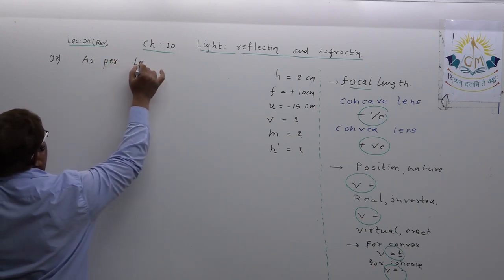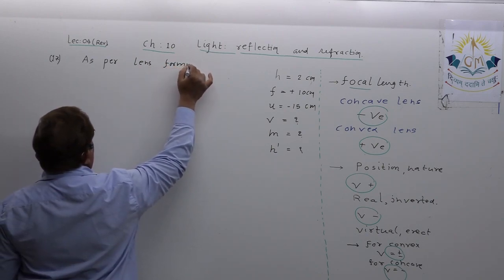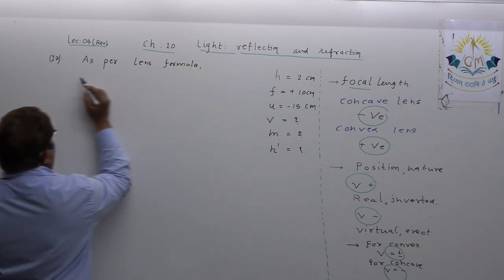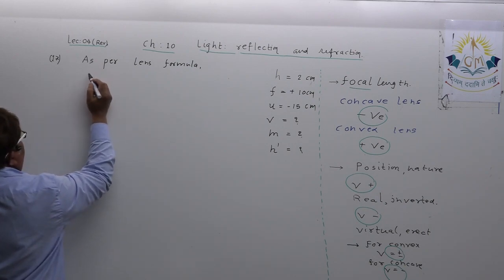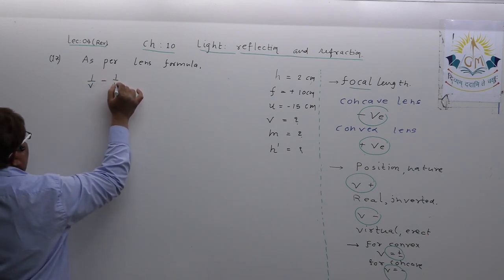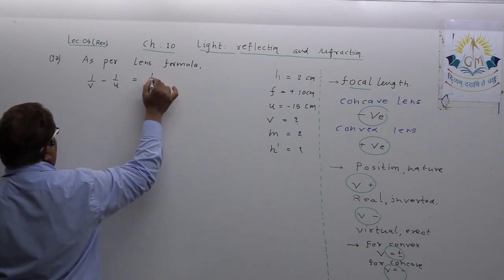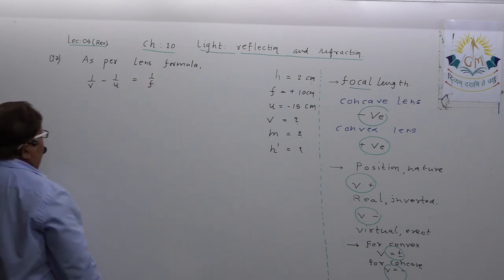As per lens formula, I have to mention the lens formula here. 1 upon v minus 1 upon u equals 1 upon f.